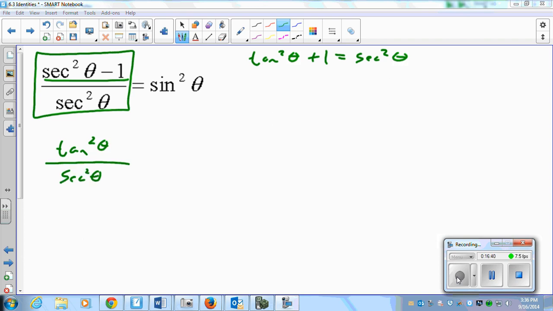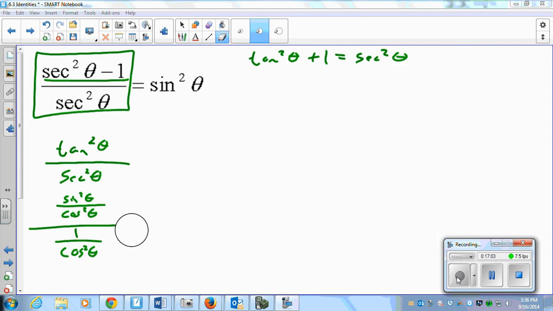So now I'm going to use a strategy where everything's in terms of cosines and sines. So tangent is sine over cosine. So tangent squared is sine squared over cosine squared, all over secant squared, which is 1 over cosine squared theta. Well, I'm going to start working off my right, because this is equal to sine squared theta over cosine squared theta.